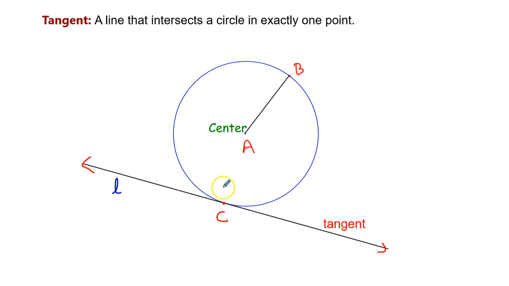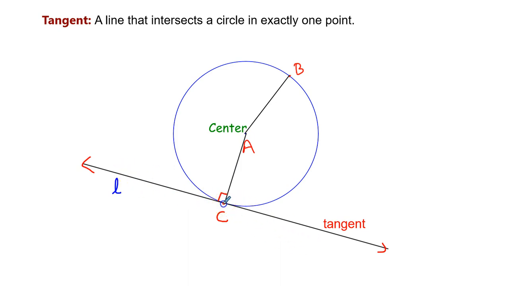Now there is an important relationship between the radius and the tangent of a circle. It is like this. The angle between the radius and the tangent is always 90 degrees. That is, the radius is perpendicular to the tangent. This angle between the radius and the tangent is always 90 degrees.